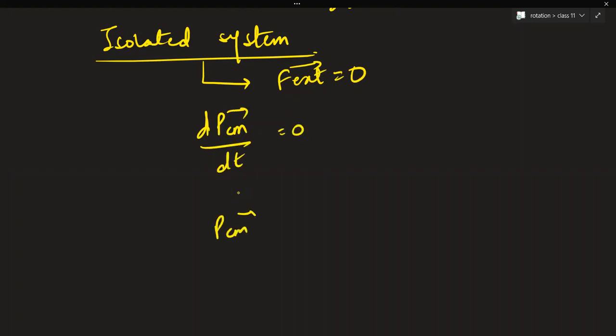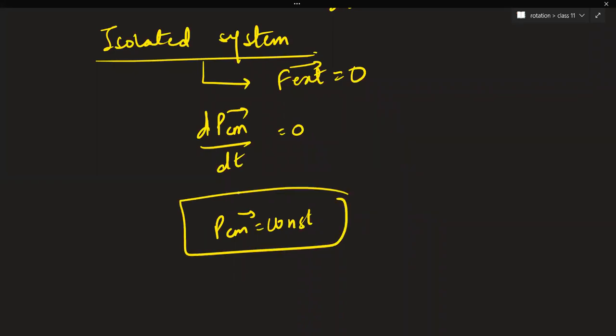So if a quantity's rate is not changing, the quantity is constant. That's why when the external force was not present in our system, the momentum became constant, and that's why we equated all the things that were present. This is the reason: because external force is not present, momentum becomes constant.